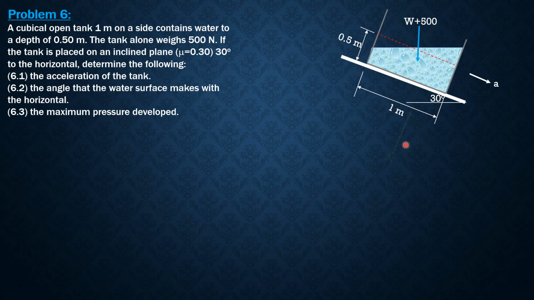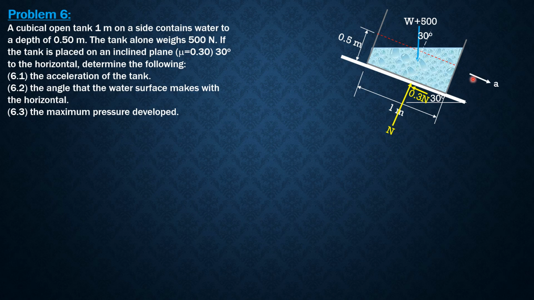So that will be counteracted by the normal reaction N perpendicular to the inclined plane. And of course, friction is opposite. So it is up to the left, 0.3 of the normal. And the angle that the vertical makes with this normal is also 30 degrees, as shown in the figure.